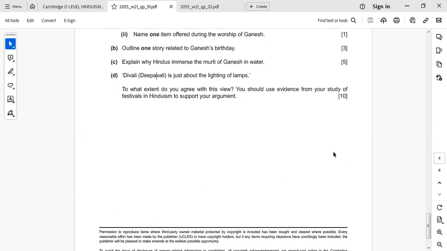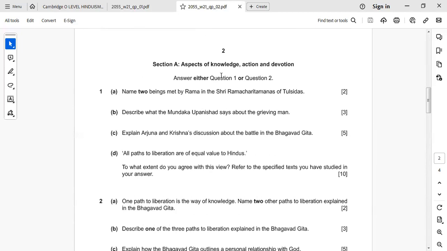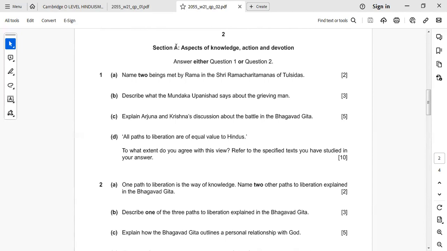Moving to paper 2. Paper 2 is also 1 hour 30 minutes. Paper 2, section A, question number 1 and 2. Either or. You choose either 1 or 2. In 1, we have the Ramcharitmanas of Tulsidas, the Mundaka Upanishad, and the Bhagavad Gita.